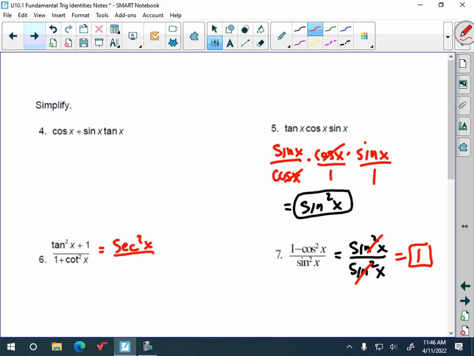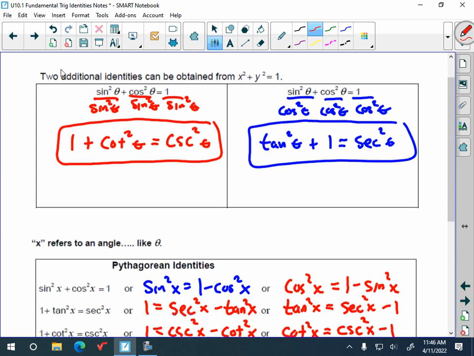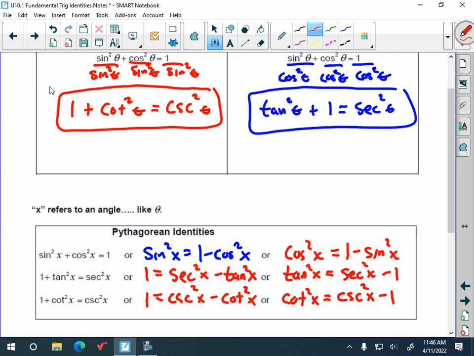And then we have a 1 plus cotangent squared, so we want to look for that. 1 plus cotangent squared. Here it is right here. 1 plus cotangent squared is cosecant squared.